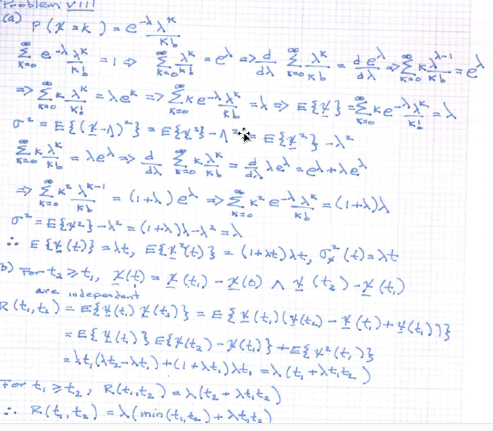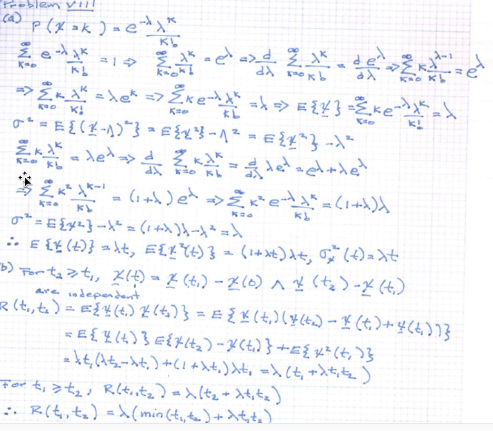So that basically comes out to sigma squared being equal to the expected value of X squared, the random variable squared, minus lambda squared.